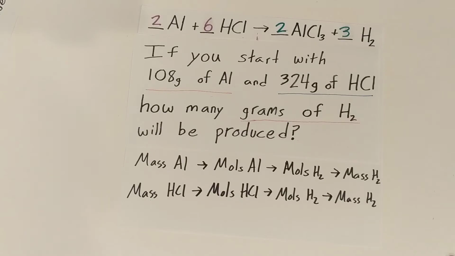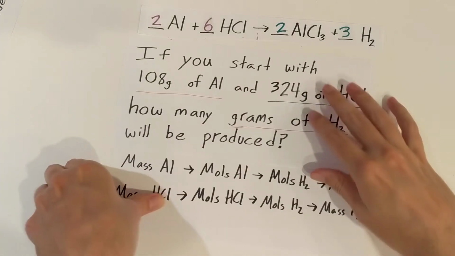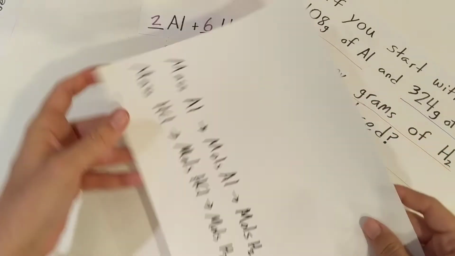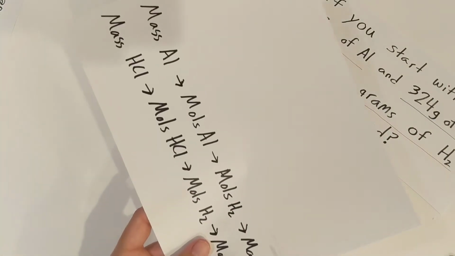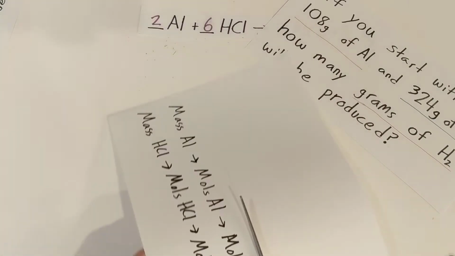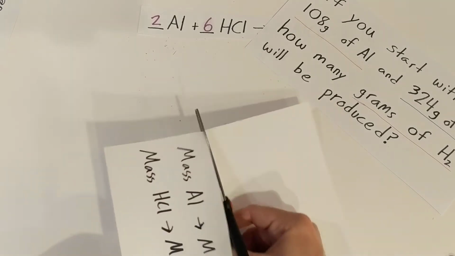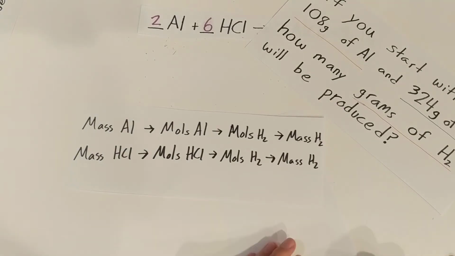So the next thing we have to do, now that we have our map here, I'm going to cut it out so it's a little bit easier to see and use.